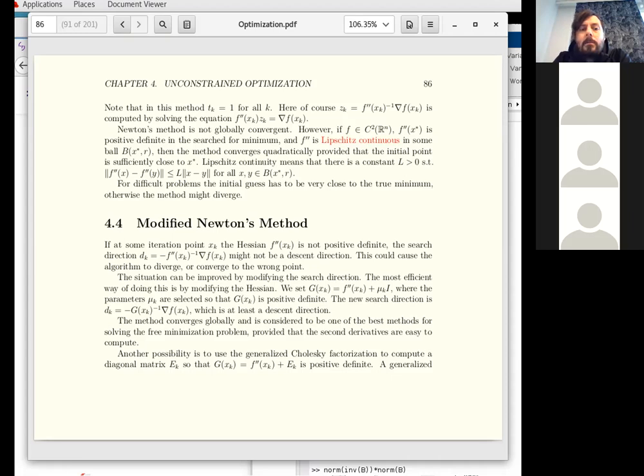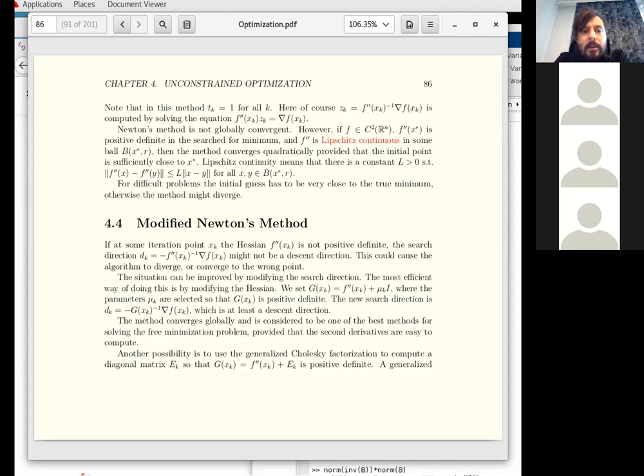One way to make this positive definite, remember, how do we say that it's positive definite? Well, one way to say it is that all its eigenvalues are positive. One way is to modify the Hessian.